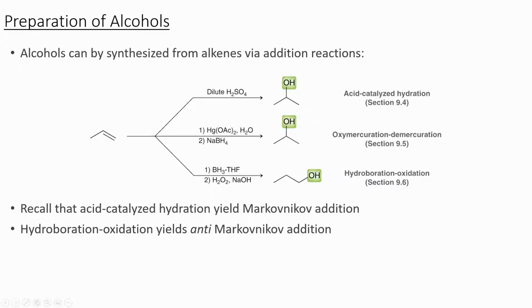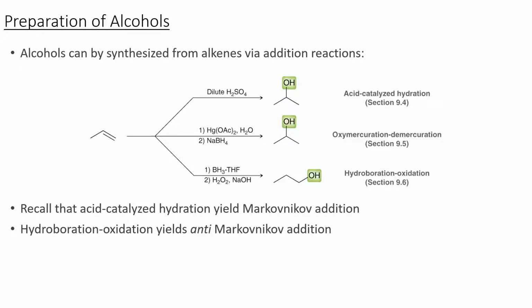Alcohols can also be synthesized from alkenes. And during chapter 9, we looked at 3 different sets of conditions for addition reactions. So using sulfuric acid, we can attach the alcohol to the more substituted position.